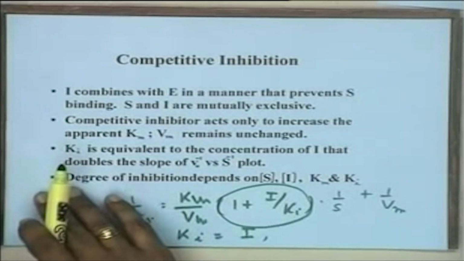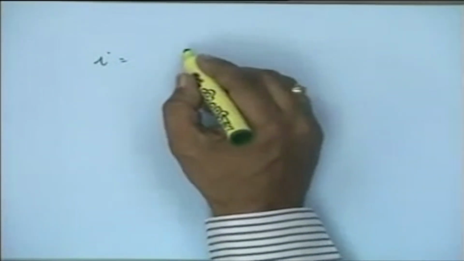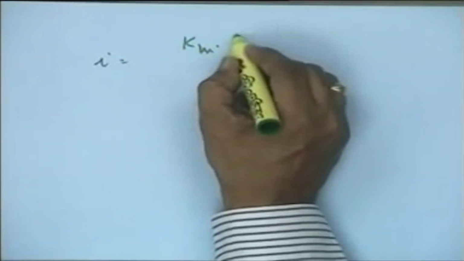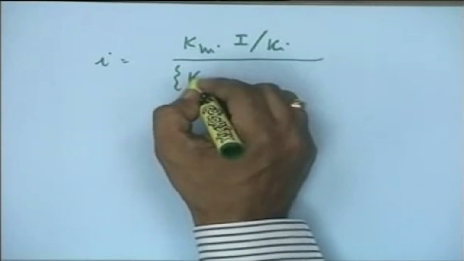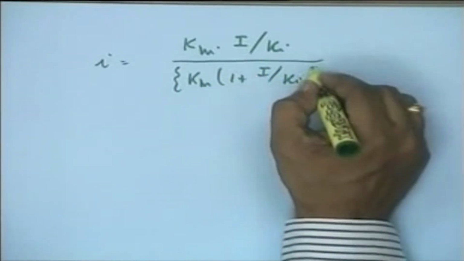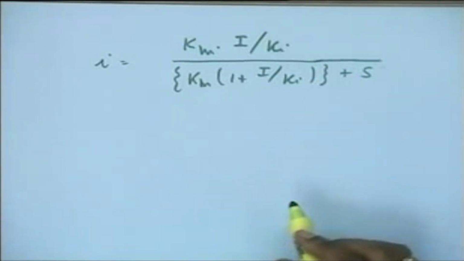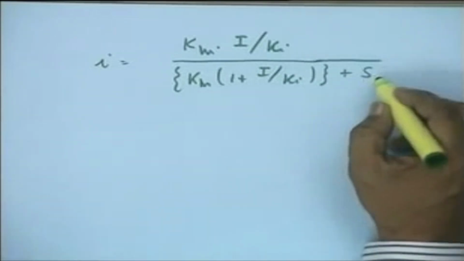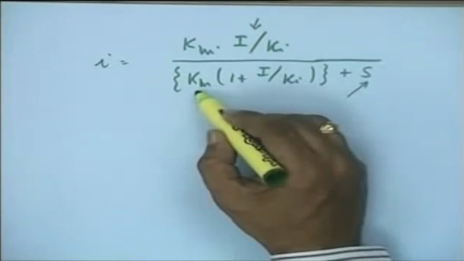Then of course, the degree of inhibition for competitive inhibition also depends upon all the parameters, and the expression for degree of inhibition for a competitive inhibitor can be written as Km into I over Ki, whole divided by Km into 1 plus I over Ki, plus S. So, as you will notice, the degree of inhibition depends on substrate concentration, it depends on the inhibitor concentration, and it depends also on Km and Ki.